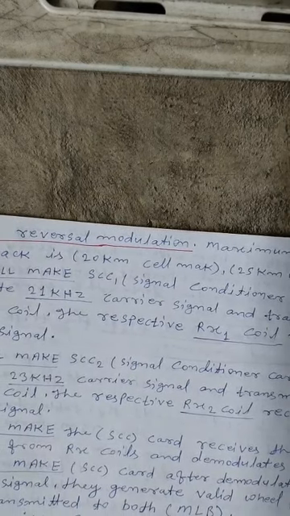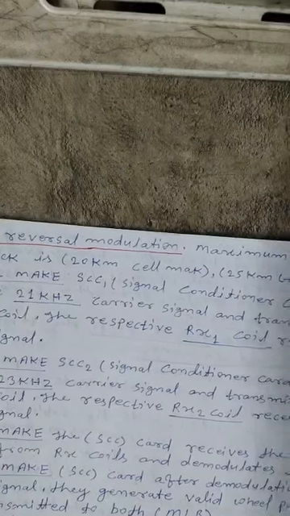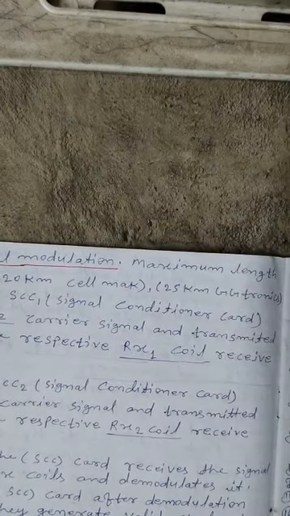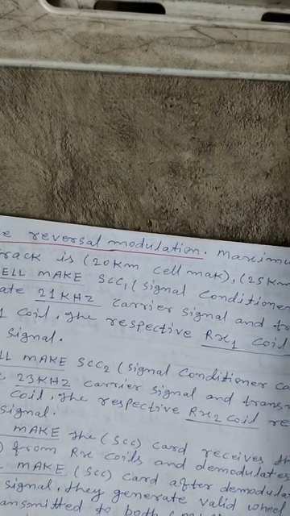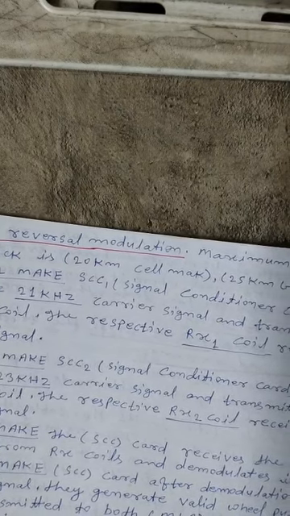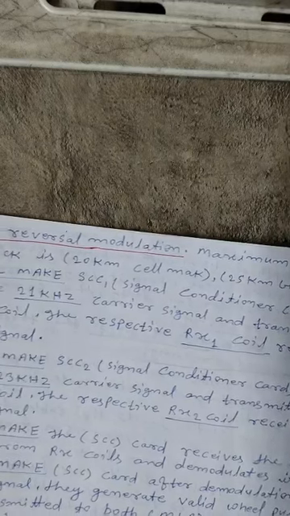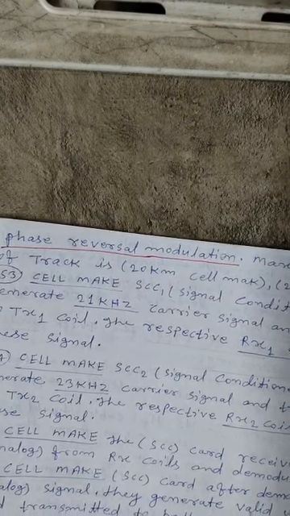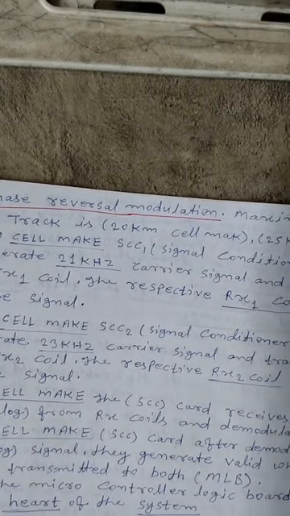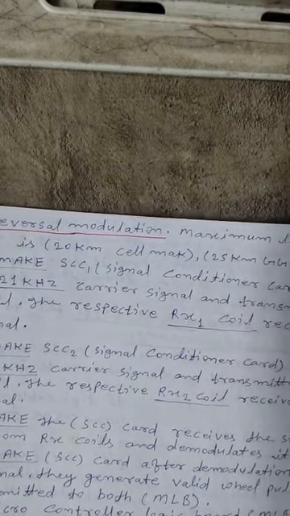Cell make SCC2 signal conditioner card generates 23 kilohertz carrier signal and transmits it to TX2 coil. The respective RX2 coil receives this signal.